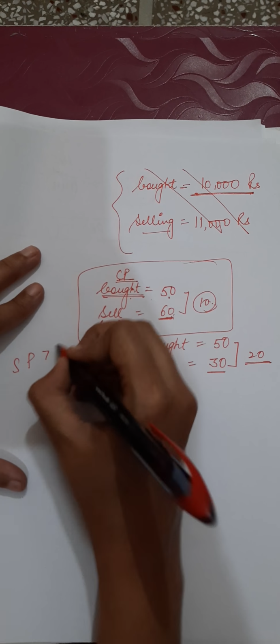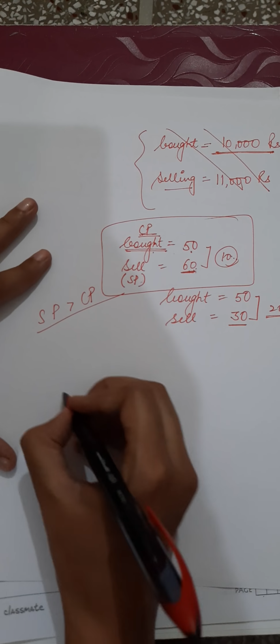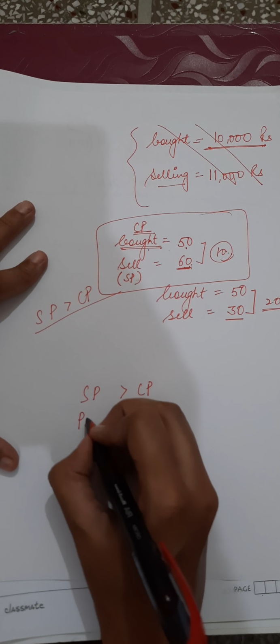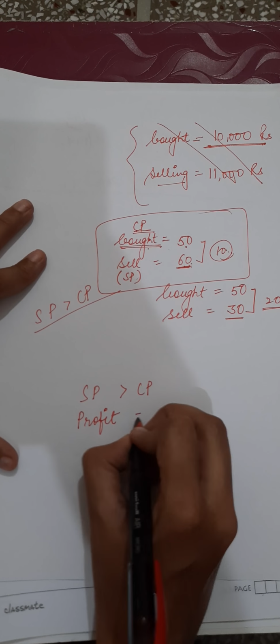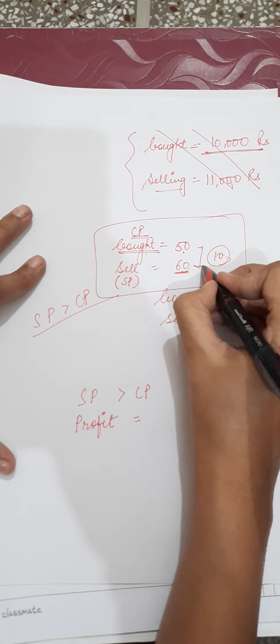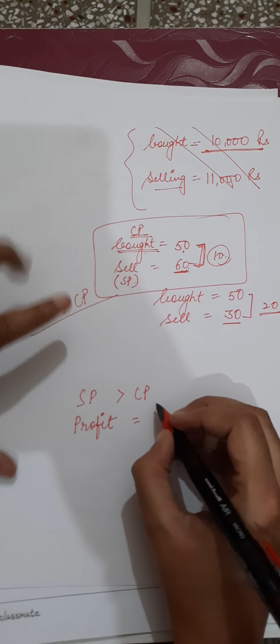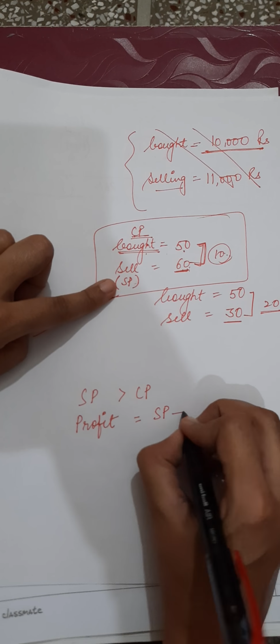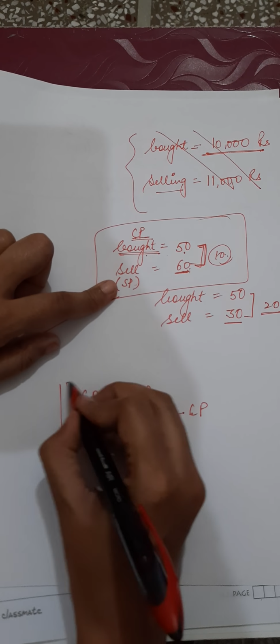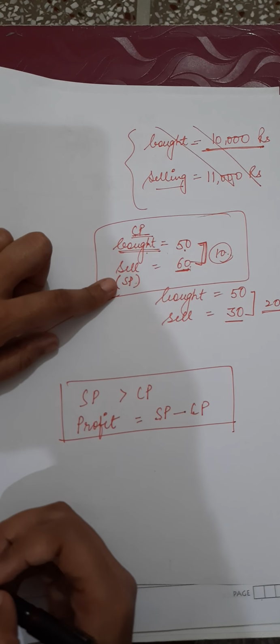So when selling price is greater than the cost price, I always have a profit. And to find the amount of profit, I am going to subtract these two, that is, SP minus CP. This is the formula for profit.